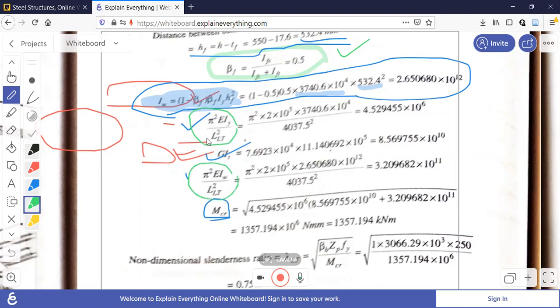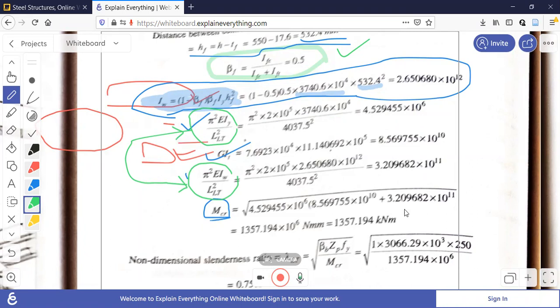What is the difference between these two? Have you noticed this one? What is the difference here? The I value is different.